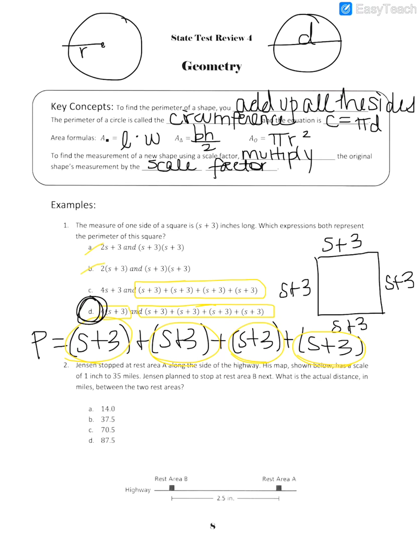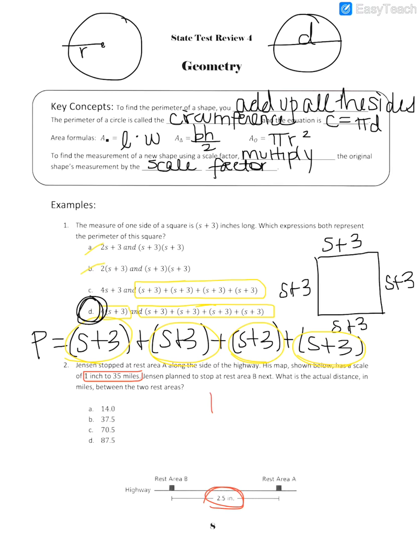All right, number 2. Jensen stopped at a rest area A along the side of the highway. His map, shown below, has a scale factor of 1 inch to 35 miles. Jensen planned to stop at rest area B next. What is the actual distance in miles between the 2 rest areas? Okay, so look here, we have 2.5 inches, right?